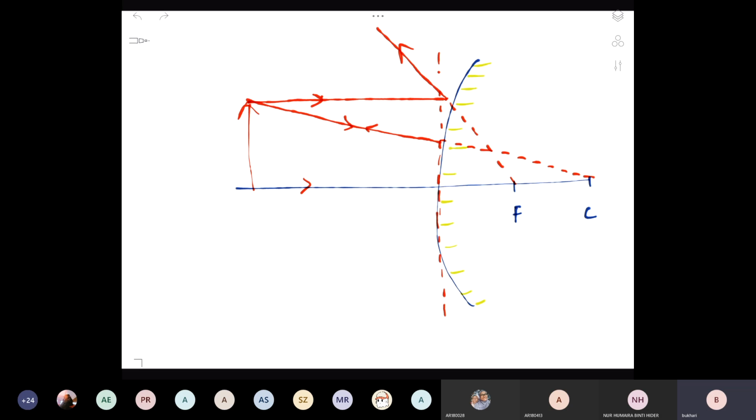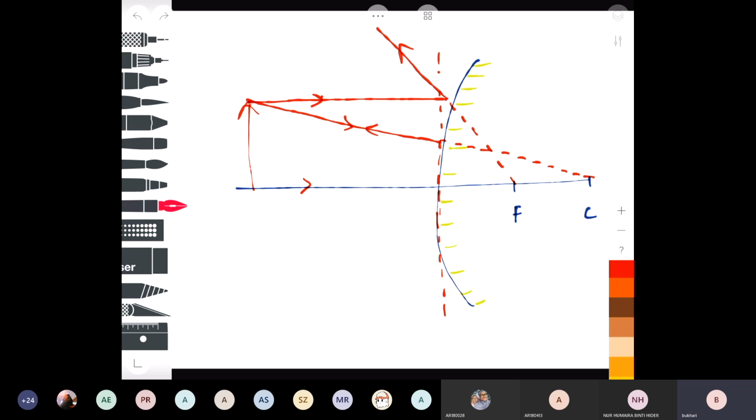Okay, can you see that? Understand so far? Yes. Okay, so where is the image? The image is here. Let me change the color so they can see better. Okay, I'm using this color, green color. Here's the image.